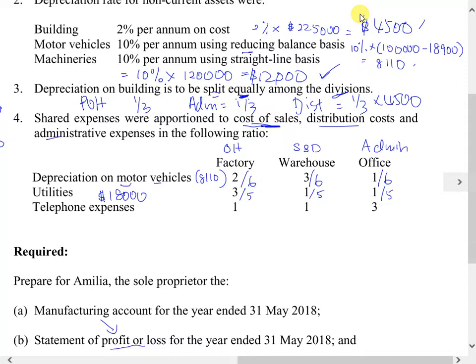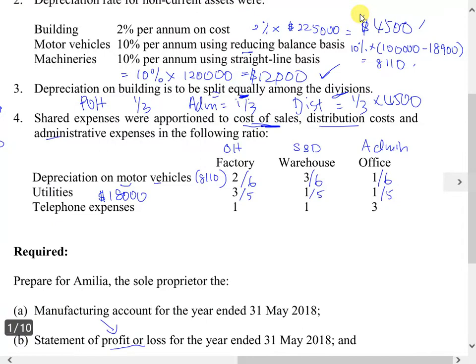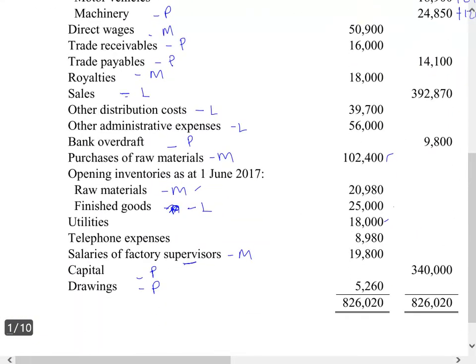Meaning my utility 3/5 will come here, 1/5 will come here, 1/5 will come here. Normally, if you get one correct, the other two will be correct. Okay? 3, 1, 1. What about here? Telephone 8,980.